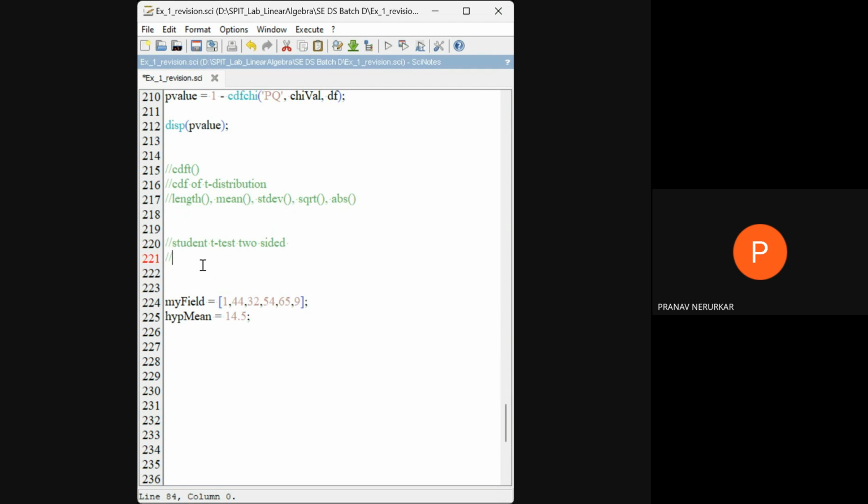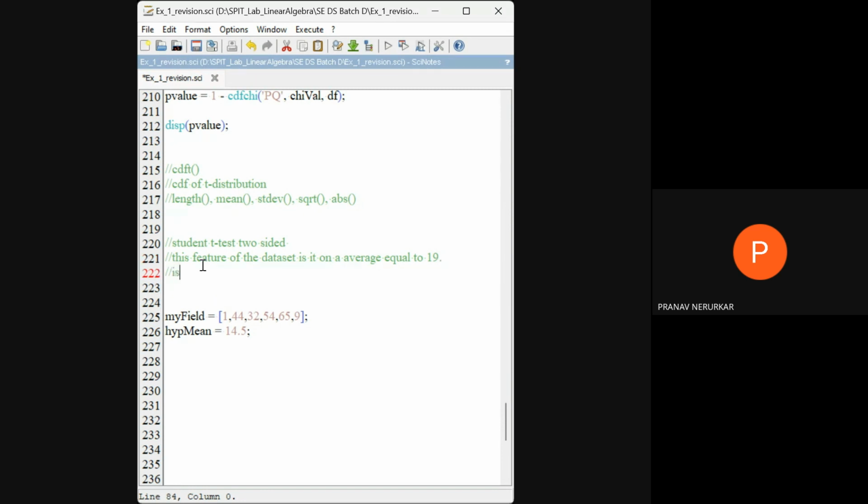So normally, questions that may come up are: is this feature of the data set, on an average, equal to 90?